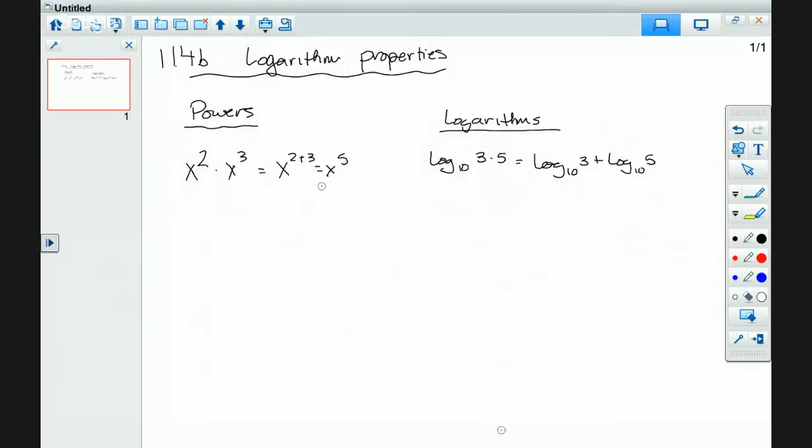So this property, we use it quite a bit. And then the sister property, this is subtraction, correct?